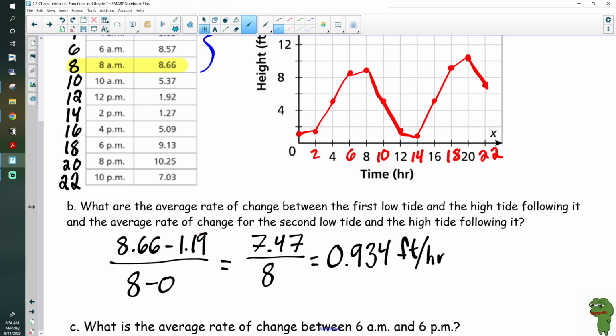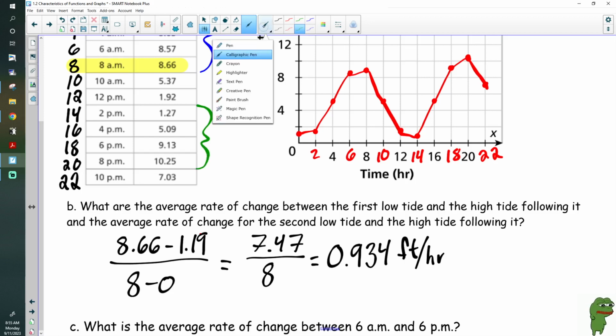Okay, and now it wants us to do it for the second low tide. So you guys are going to do this. Where is our second low tide? It starts at 14, and it goes till 20. 14 to 20. So you are going to do from 14 to 20.